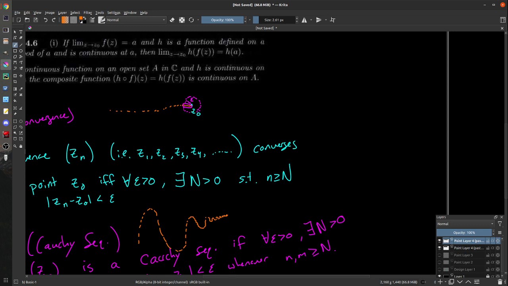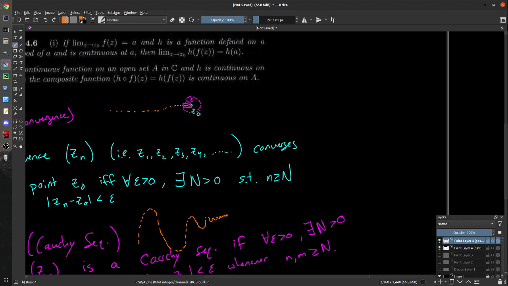Here's another one. I wonder if I asked you to prove this. I think I might have. If I haven't, then I will. Continuity is equivalent to a function preserving the convergence of sequences.